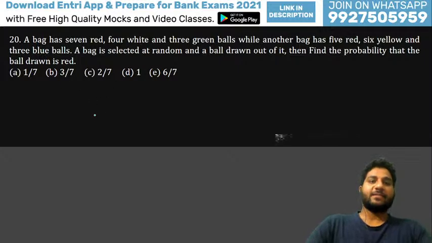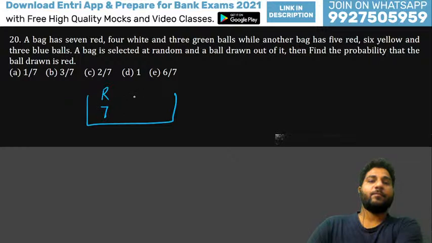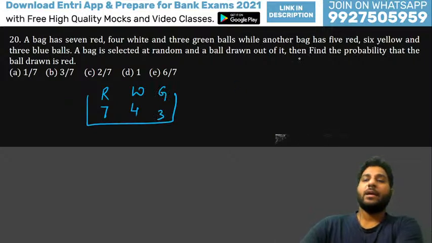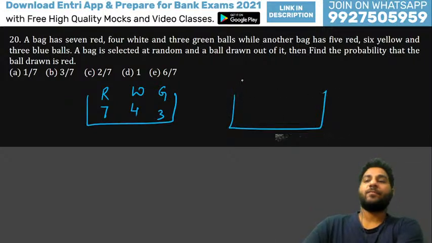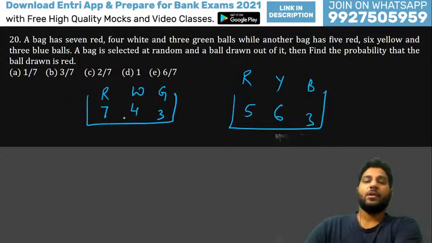A bag has 7 red, 4 white and 3 green balls, while another bag has 5 red, 6 yellow and 3 blue balls. Both bags combine to 14 balls each.